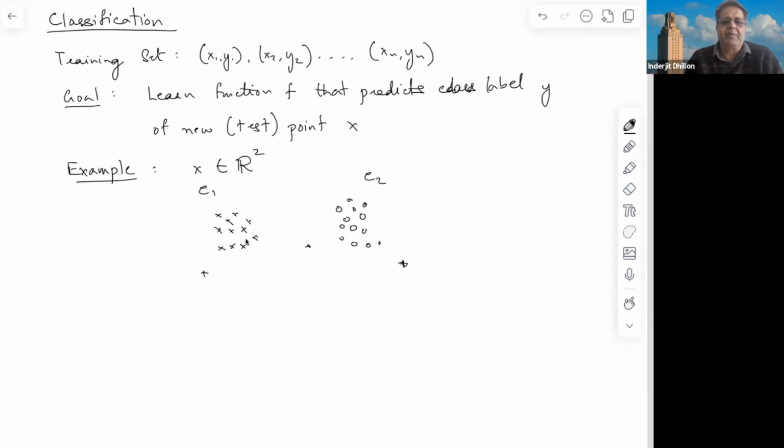Over here, there's a bunch of points, here there's a bunch of points, and you might say, hey, look, maybe I can draw like a line between these two, and everything on this side belongs to class C1, and everything on this side belongs to class C2. Okay, so that could be like a first kind of simple rule that we try.